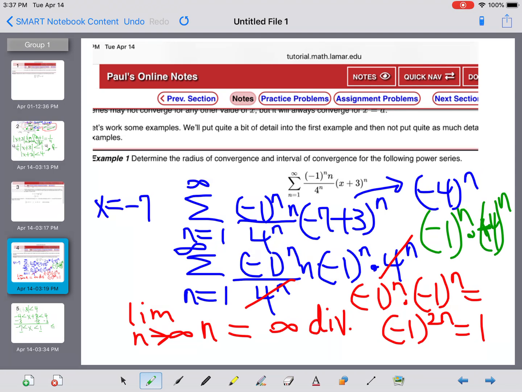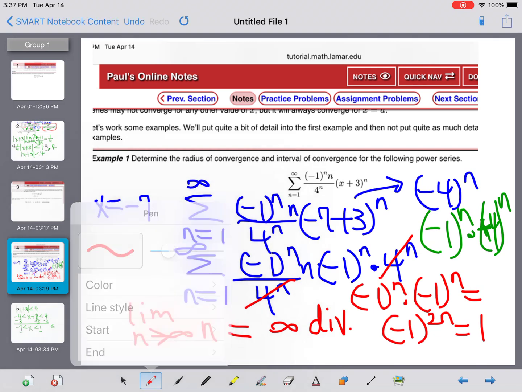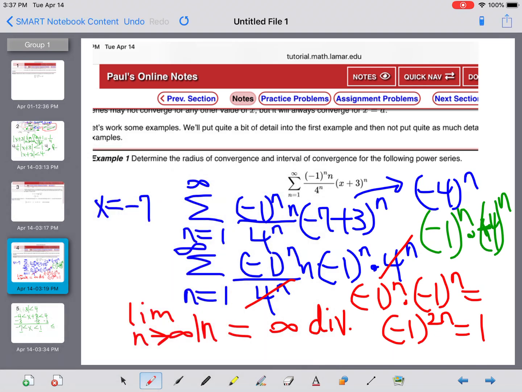And no matter what you plug in for n, it's always going to be multiplied by 2. So it would be squared, to the 4th power, 6th power, whatever. And that's always a +1. So what we have here that we're taking the limit of is just n.